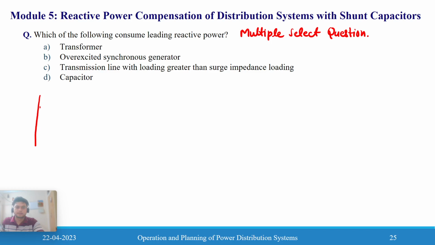So this one is correct. Transmission line loading greater than surge impedance loading is not correct, because if we have more than surge impedance loading, that means we want shunt capacitors to restore the voltage. The last one, capacitor, is the correct option. I just want to tell you that if Q is positive, then it is always lagging reactive power.